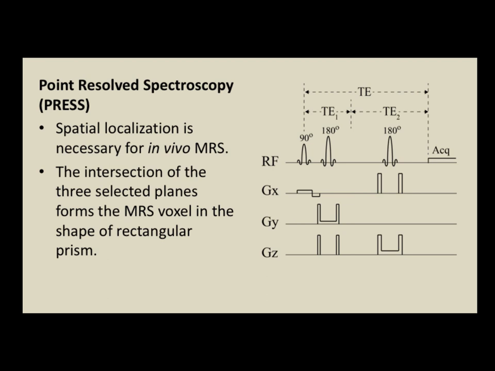Signals from outside the voxel are spoiled by the crusher gradients. So when we acquire the FID, the FID signal comes only from the selected rectangular prism, which is the intersection of the three selected planes. That's the idea of PRESS.